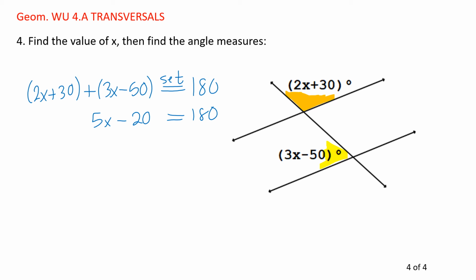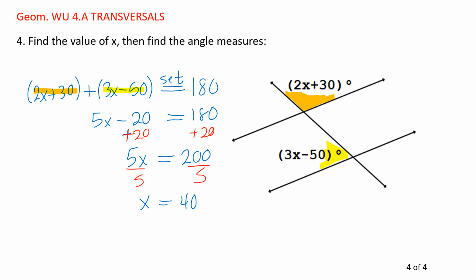So angle plus angle equals 180. And again, you can see I've got the orange angle plus the yellow angle. Then beyond that, collect your like terms, 5x minus 20. What's 200 divided by 5? 40.